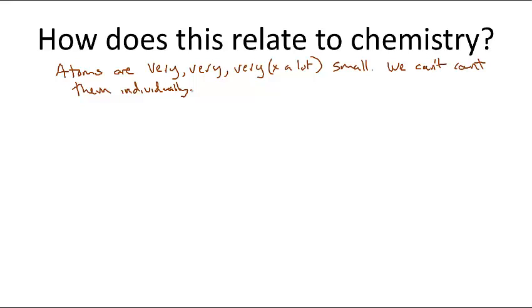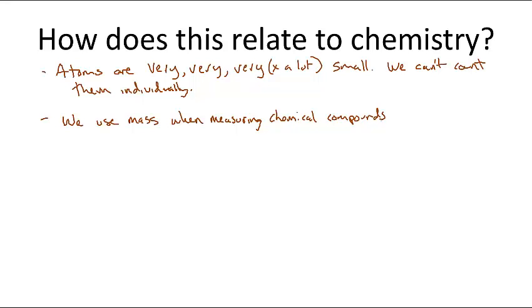So because we can't count them individually, chemists, and I'll say we because we're all chemists, use mass when measuring chemical compounds. We have to use mass because we can't count.